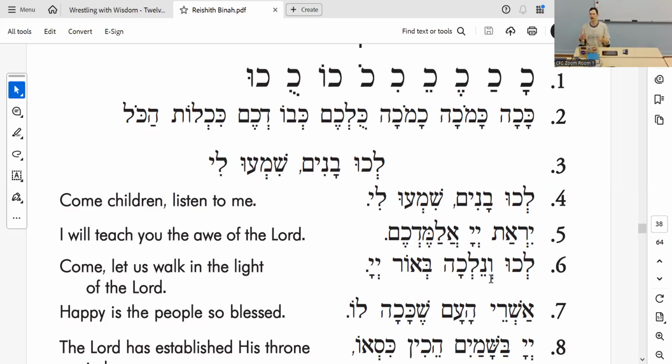So it has to take some sort of vowel quality. When we see the shva na, it's a short e sound. So lechu, because just like the vav here, the lamed is at the beginning of the syllable and also the word. So lechu.